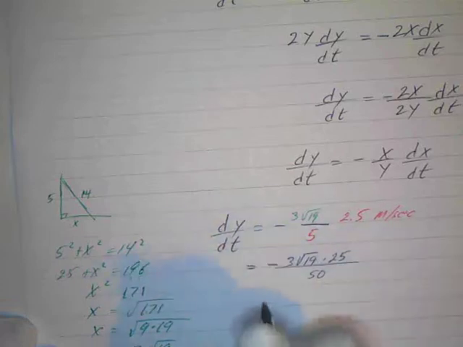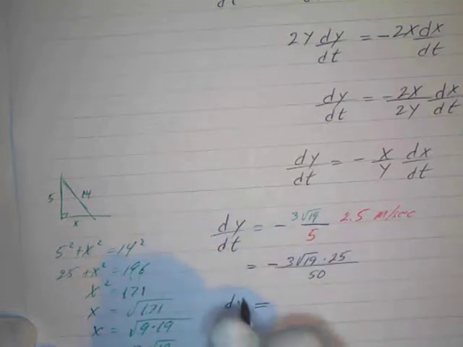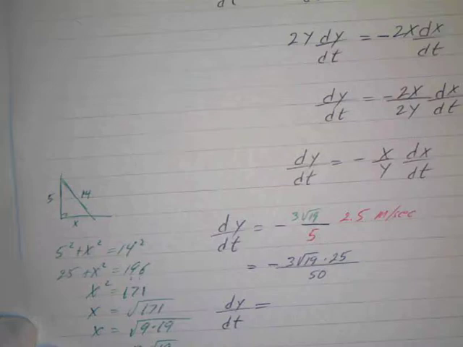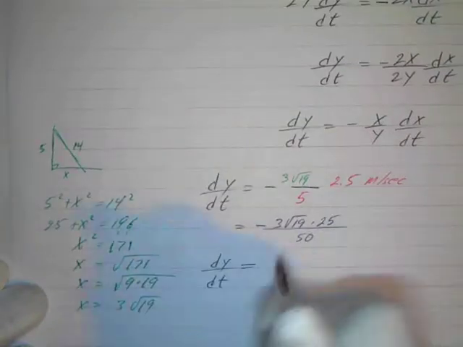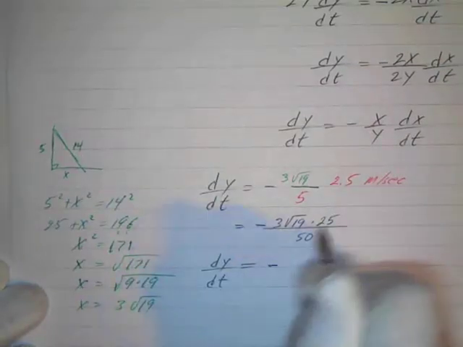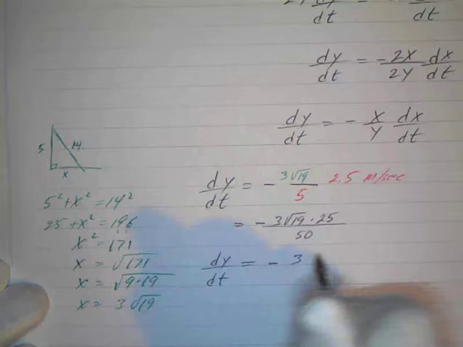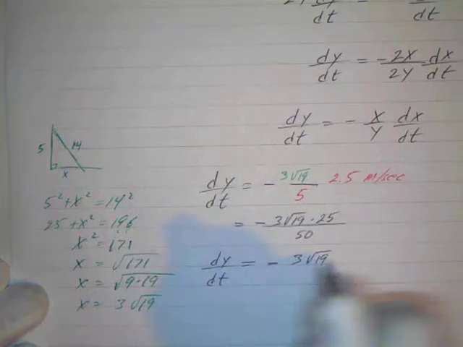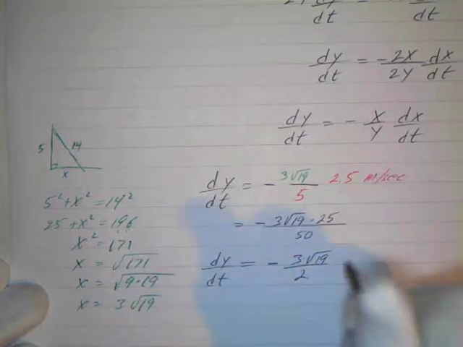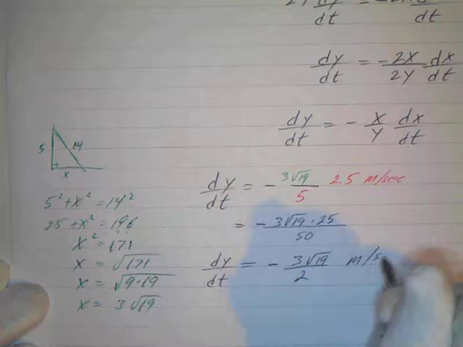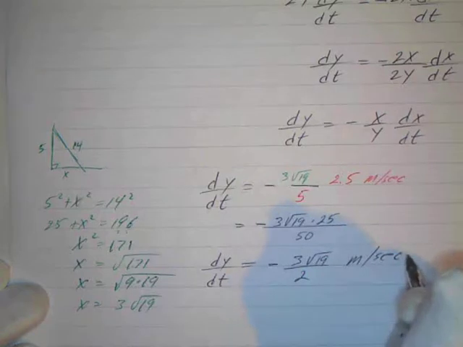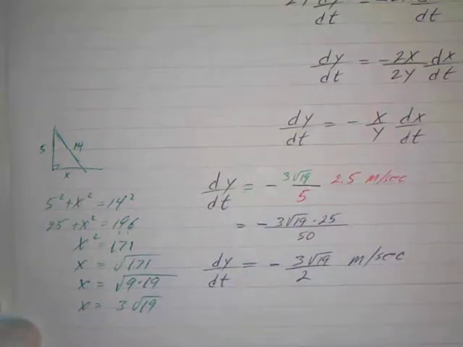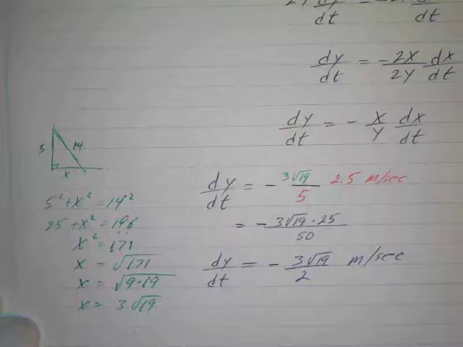So that makes it nice, so that means my dy/dt equals negative 3 times the square root of 19 all over 2, and that would be meters per second. No calculator, so you just leave it in radical form.